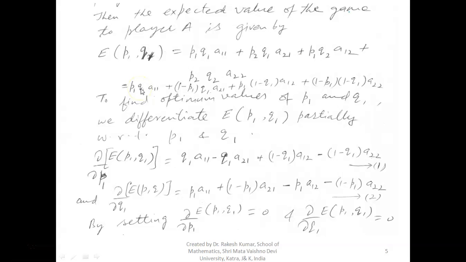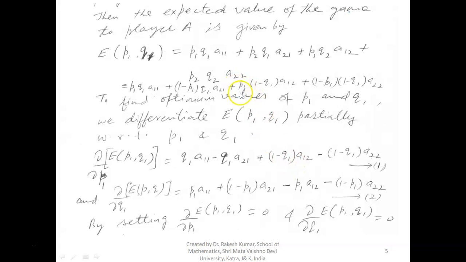Similarly, P1 is here also, so differentiation of 1 minus P1 with respect to P1 is minus 1, because differentiation of 1 is 0 and the minus sign remains as it is, and the derivative of P1 with respect to P1 is 1. So minus Q1 A21. It's very simple differentiation. You can try it out and you can see these are the values.